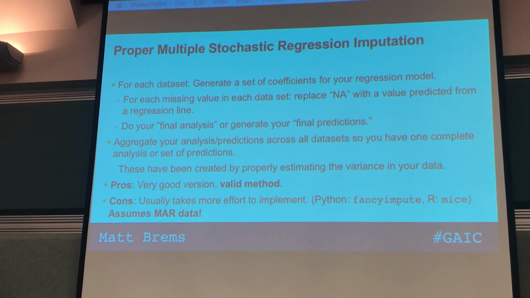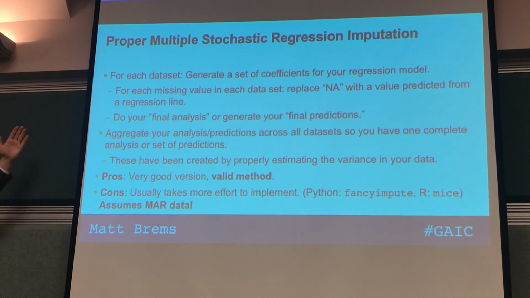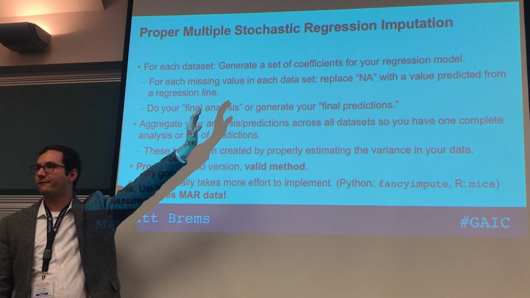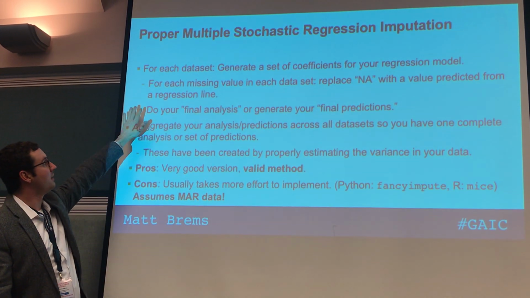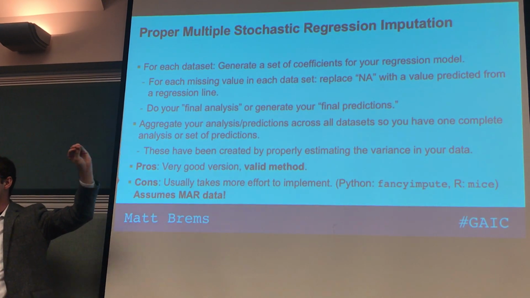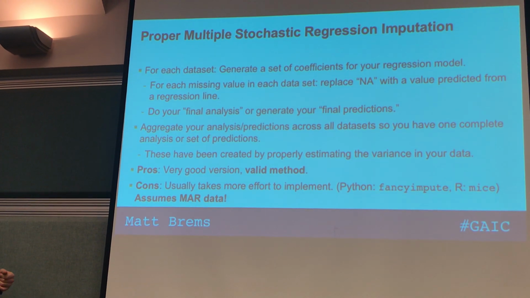So, to put it on a slide, for proper multiple stochastic regression imputation, you're going to come up with a data set. For each data set, you generate a set of coefficients for your regression model. Then for each missing value in each data set, you're going to replace each NA with a value predicted from a regression line or for some model that you've constructed there.